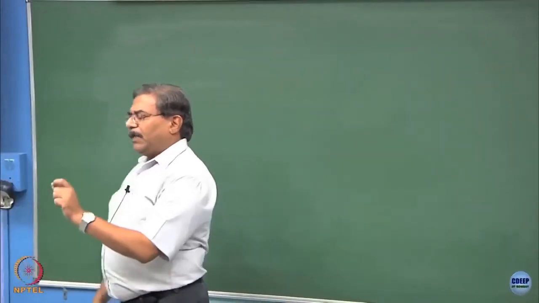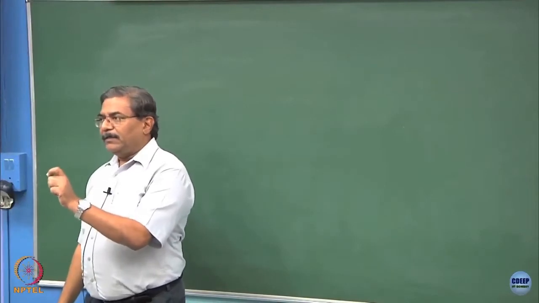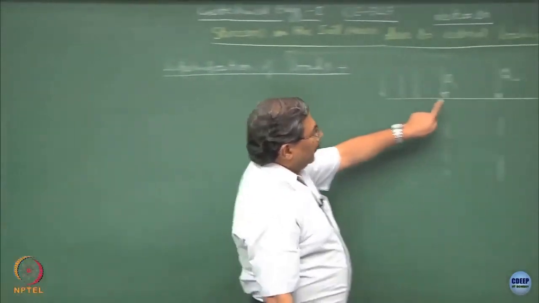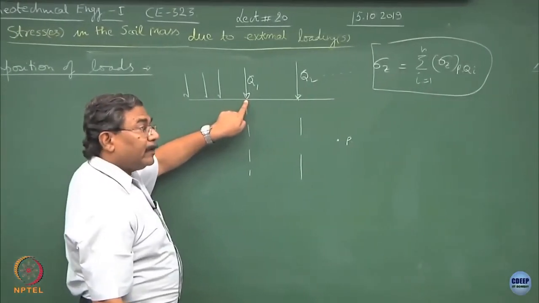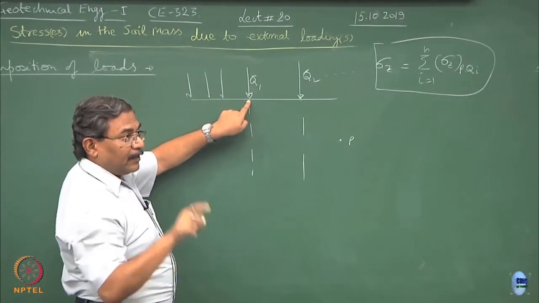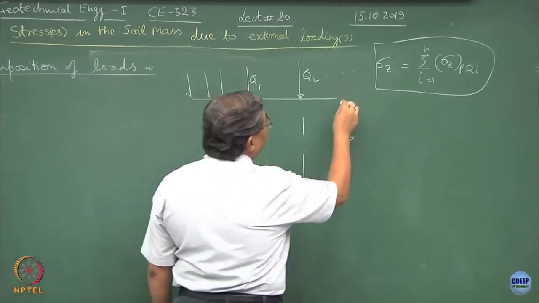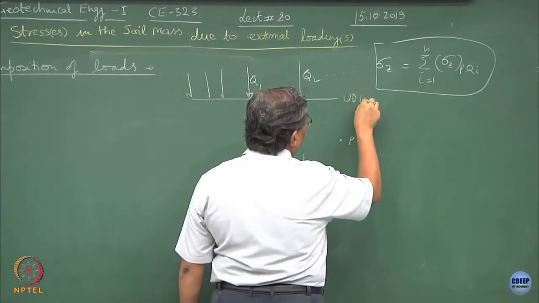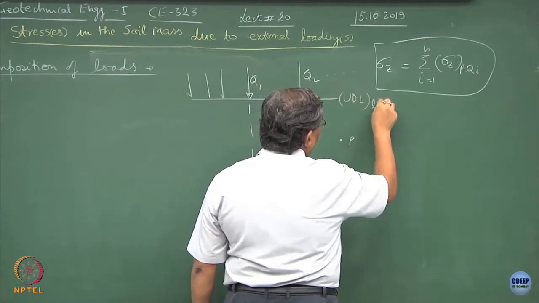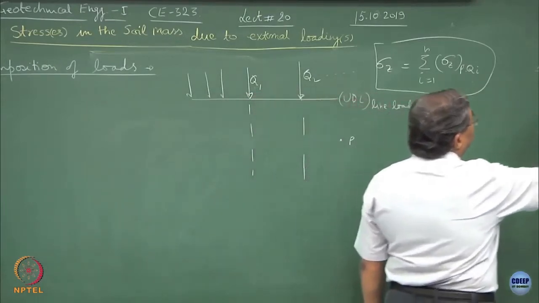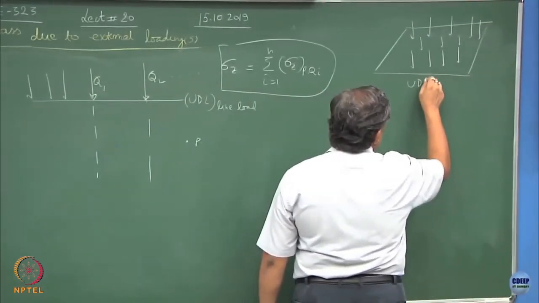So, very simply I have converted the context of the situation. From point load, where we were defining the stresses at r equal to 0, z equal to 0, I have created a uniformly distributed load in the form of the line load and a uniformly distributed load on the area.